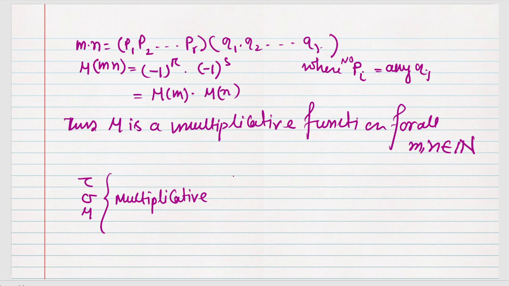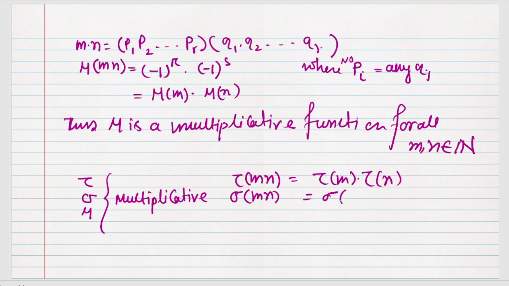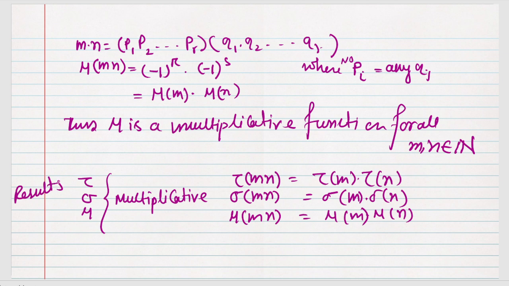That means tau of mn satisfies tau of m times tau of n, sigma of mn also satisfies sigma of m times sigma of n, and for mu, that is mu of mn, we now showed mu of m times mu of n. This is not actually a result from our theorem, this is a result of our lecture notes.